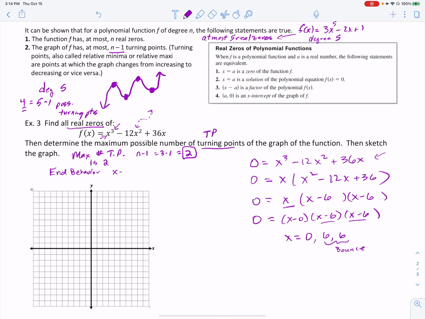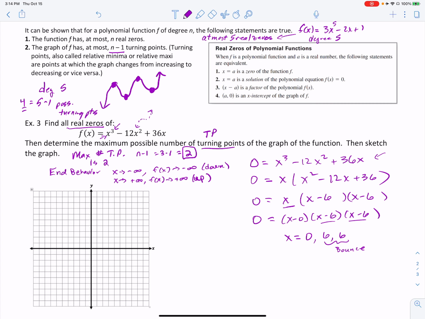So as x goes to negative infinity, I expect f of x to also be going to negative infinity. As x goes to positive infinity, I expect f of x to go to positive infinity as well. So on the left, it's going to go down, and on the right, it is going to go up.